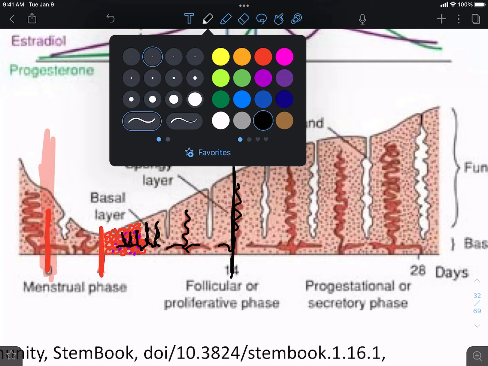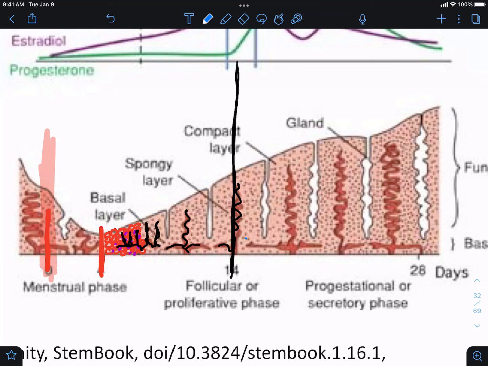Not only is it proliferating through mitosis and developing blood vessels, but it's also now secreting various different chemicals that will help support the embryo and facilitate implantation of the embryo should fertilization occur.